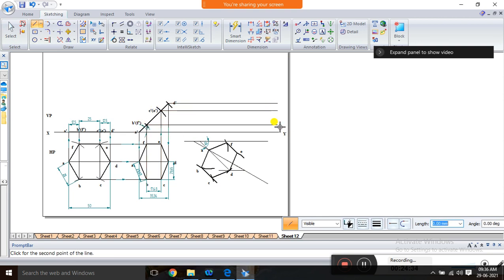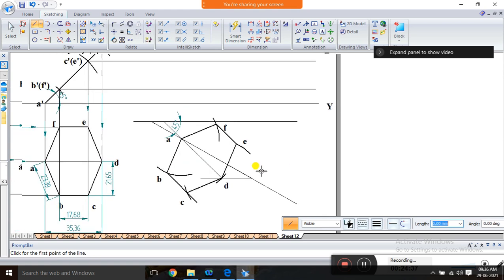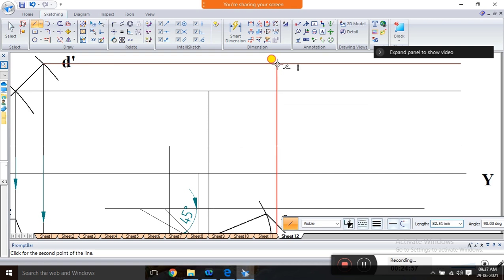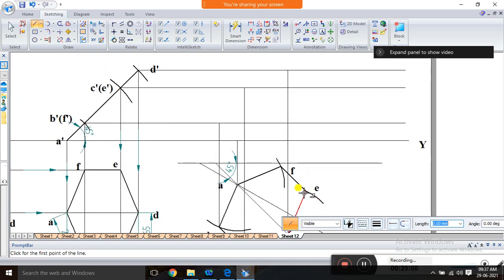So first you have to draw all the horizontal lines, then go step by step. This point is A, so A up to A you have to place it. B is here and B dash is here, C is here, C dash is here, and D is here, D dash here, and E is here, and final point is F, and F dash is here.